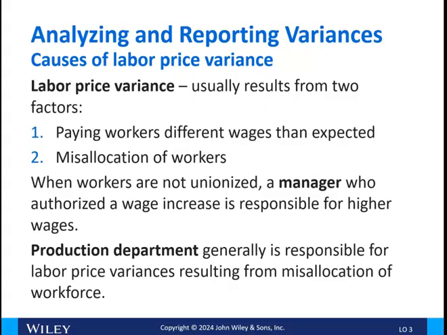Okay, so union companies, they have set scales, so you're a little bit more locked in. Non-union, the manager usually has discretion for what they pay their workers, so they'll be held responsible for wage increases. And then the production department is generally responsible for labor price variances resulting from misallocation of workforce, so putting people in different jobs, that type of thing.